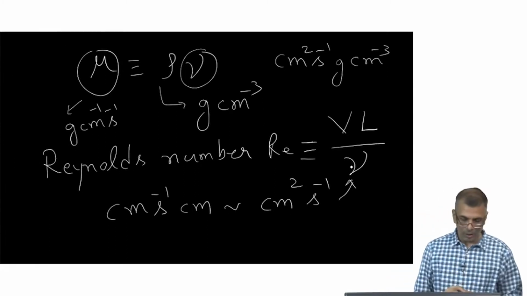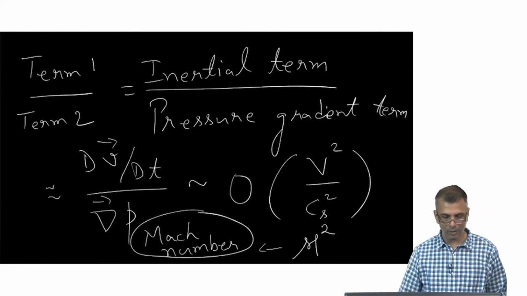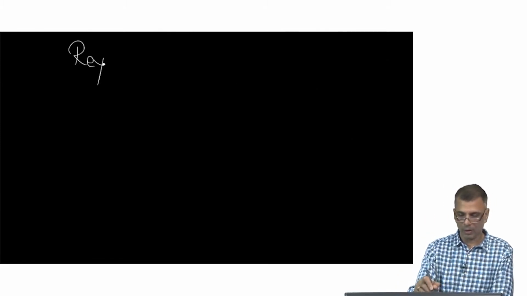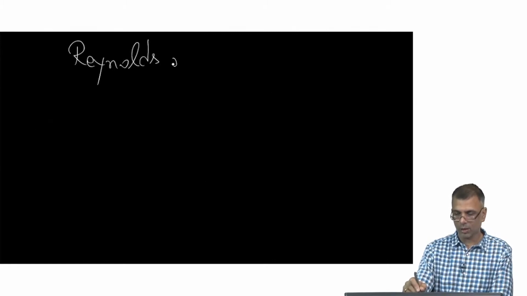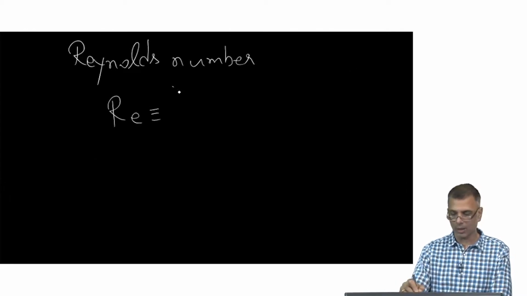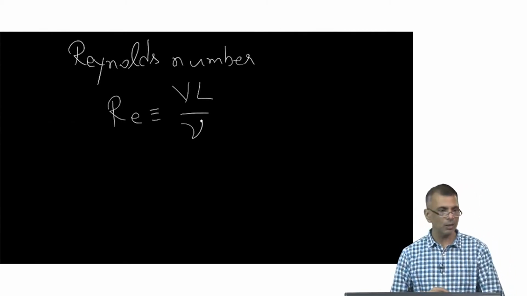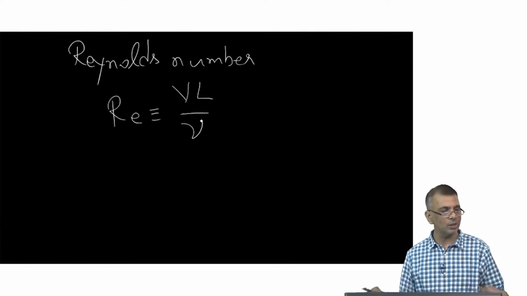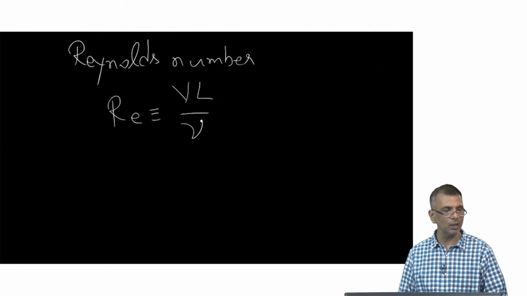So, moving ahead, let's talk a little more about the Reynolds number, which is arguably one of the most important dimensionless numbers for astrophysics. As we said earlier, it's given by the ratio of the inertial term to the viscous term. Essentially, this tells you whether or not viscosity is important.